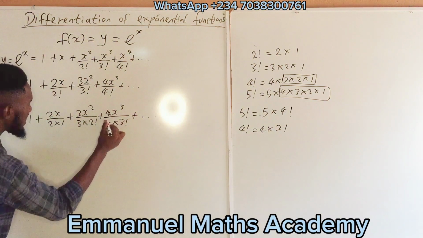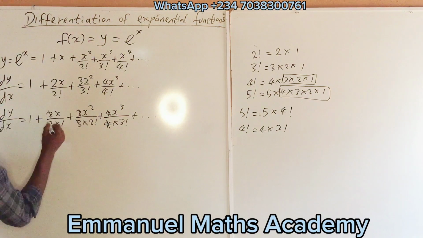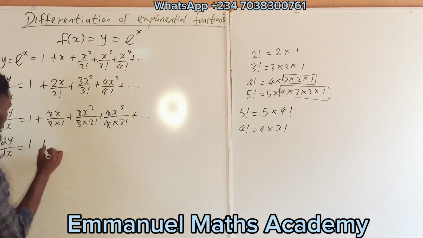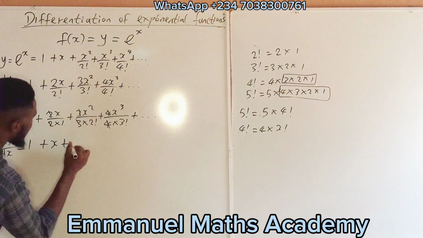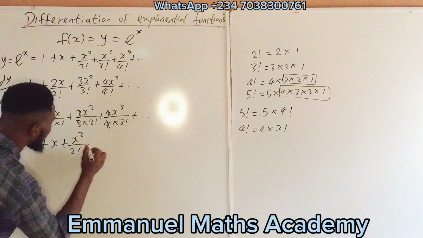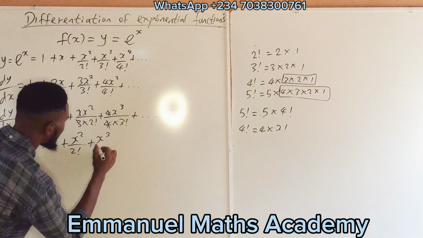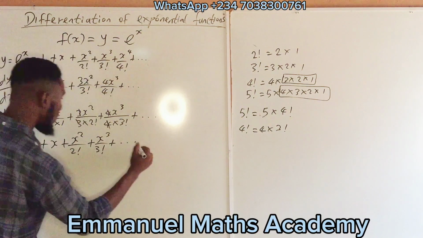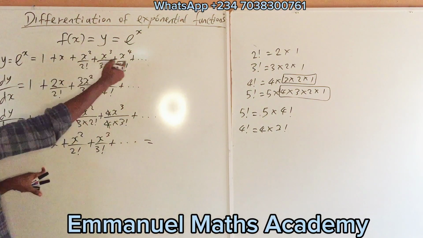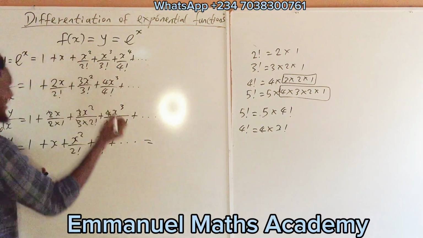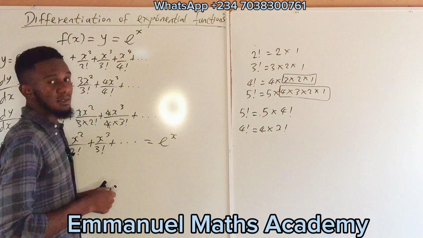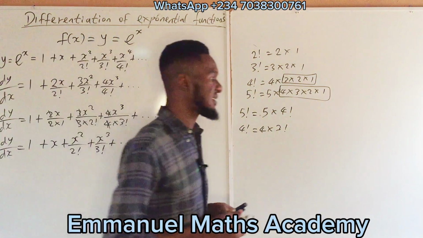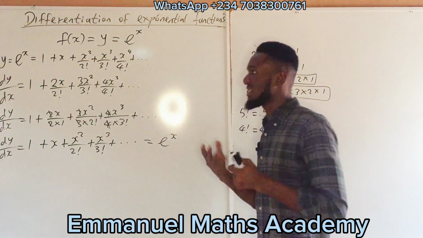Then 3 will cancel 3, this will cancel this. You now have that dy dx is equal to 1 plus x power 2 over 2 factorial plus x power 3 over 3 factorial, right? You can see that this whole thing is equal to what we have here. And what you have here is exponential x, right? That means the derivative of exponential x will also give you exponential x.